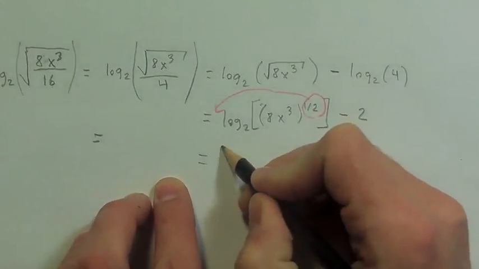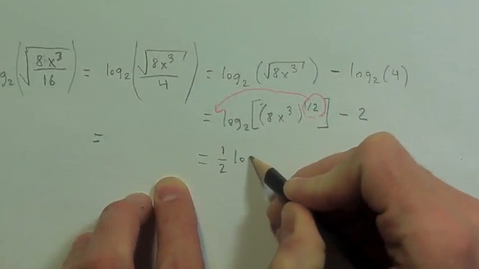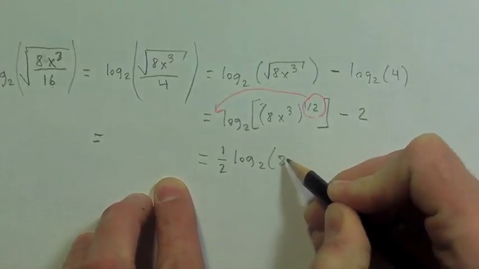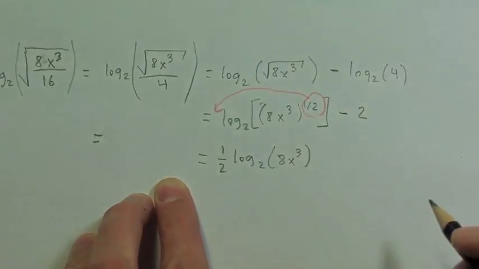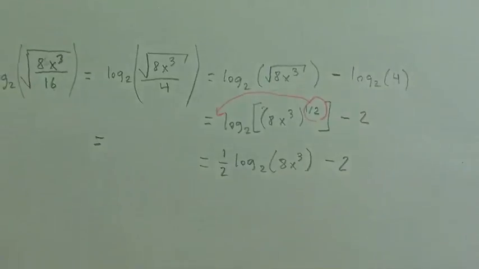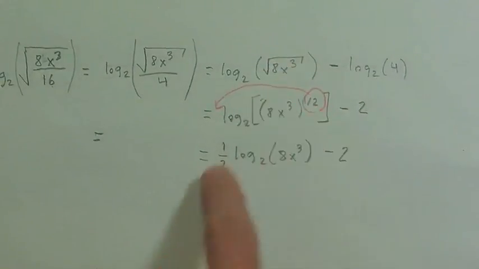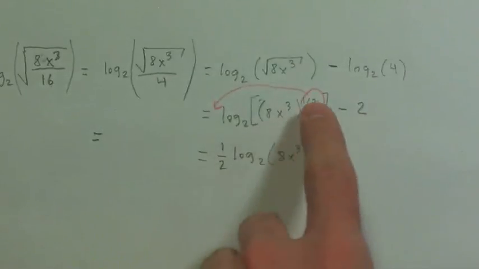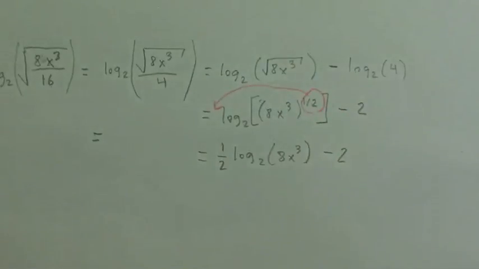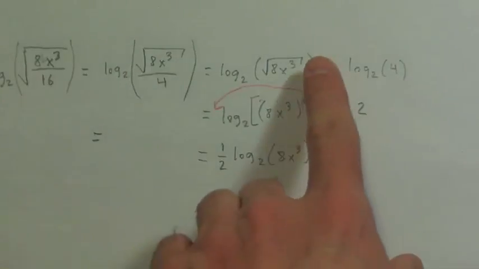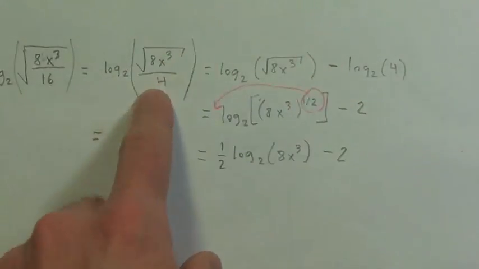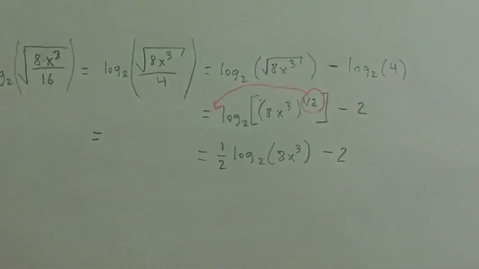Okay, so what's happened is I've actually taken that square root that we had here, square root of that stuff, and just brought it out as a 1/2. So we could actually skip this intermediate step once we get more familiar with it. But yes, square roots can leave the log and become just multiplying by 1/2. And I don't know about you, but I would rather multiply something by 1/2 than try and take the square root of it, depending on what it is.